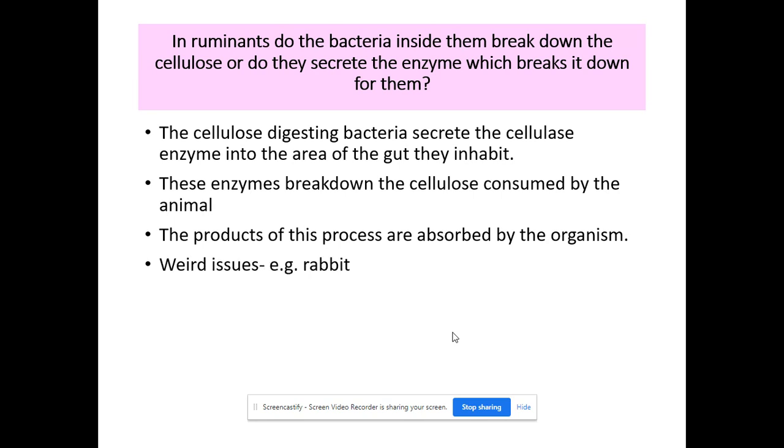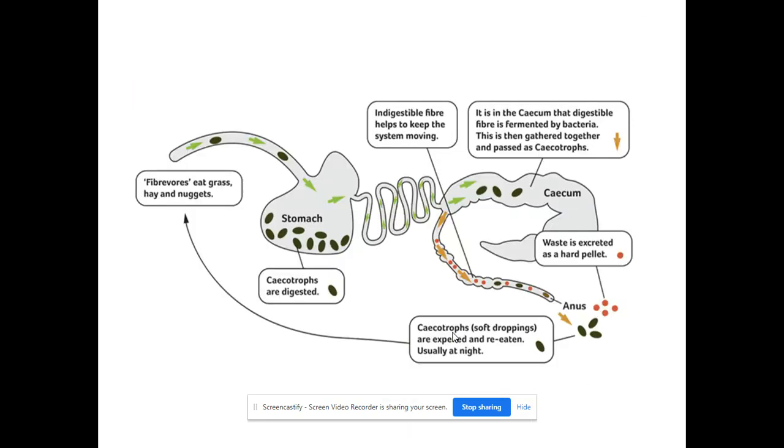There are some weird examples. Rabbits have an odd gut structure, which means they've got some behavioural evolutionary traits to overcome that. If we have a look at the structure of a rabbit, and this was in one of the homework questions, you will see that these cellulose digesting bacteria aren't found until the cecum here.